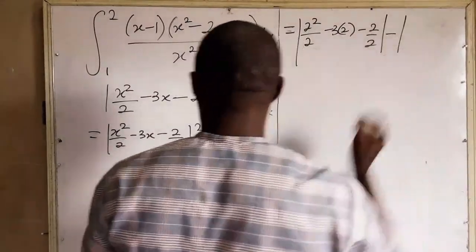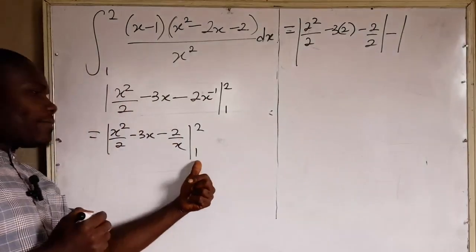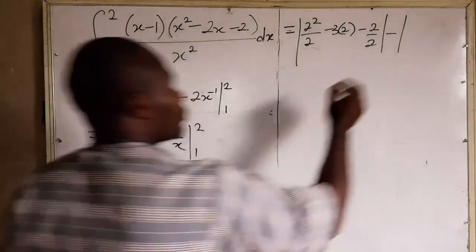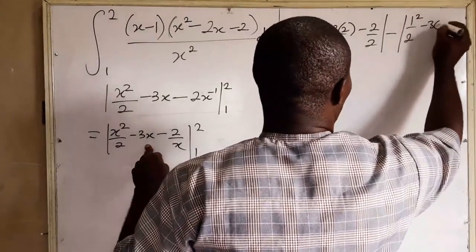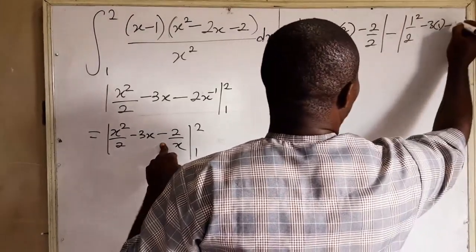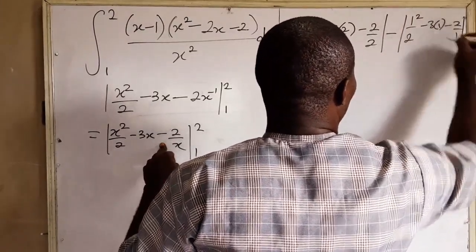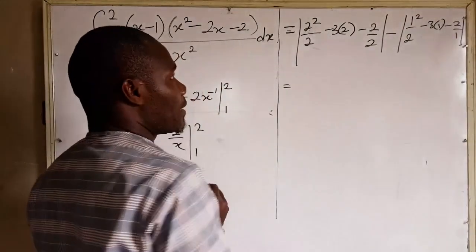Then we put a minus, and insert the value of 1 to have 1 squared over 2 minus 3 times 1 minus 2 over 1. So let's try to solve it clearly.